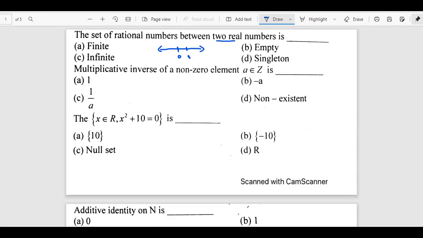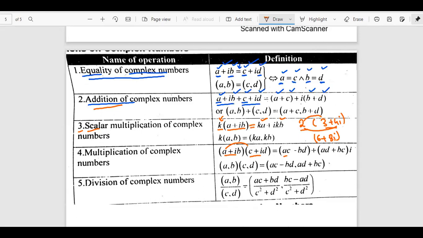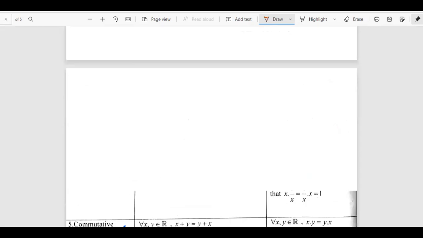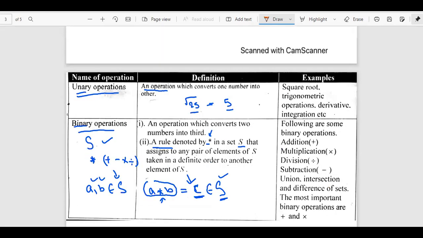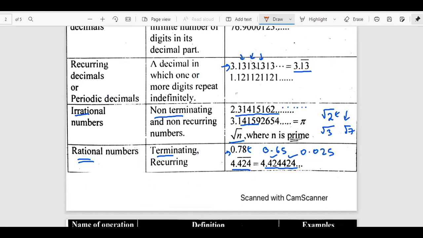So we have infinitely many numbers between these two real numbers, right? And if we talk about rational numbers particularly, we do have infinitely many rational numbers between these two numbers. And what is the definition of rational numbers? A quick background. Here we have the rational numbers.